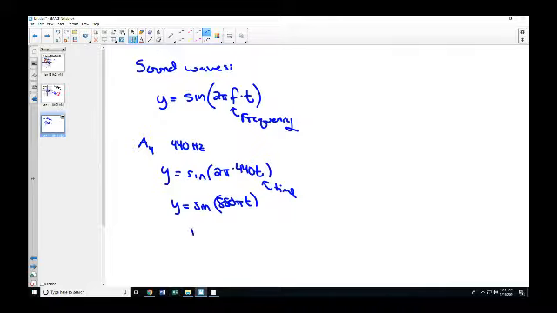What is the period of this function? 2 pi over 880 pi. That's your k value, right?